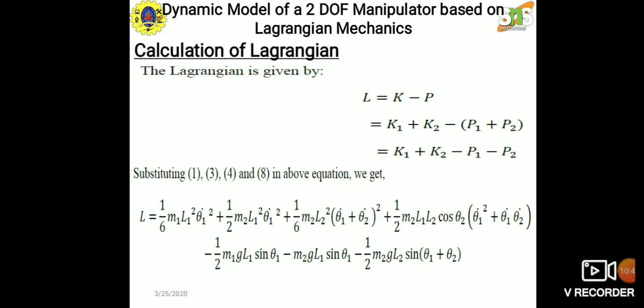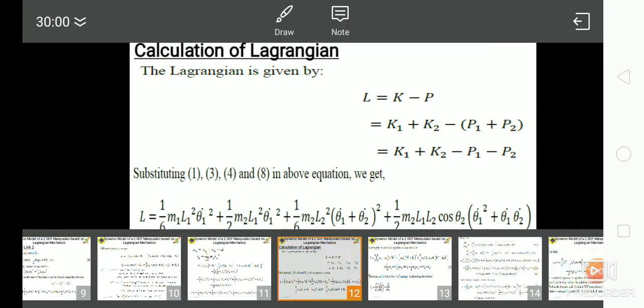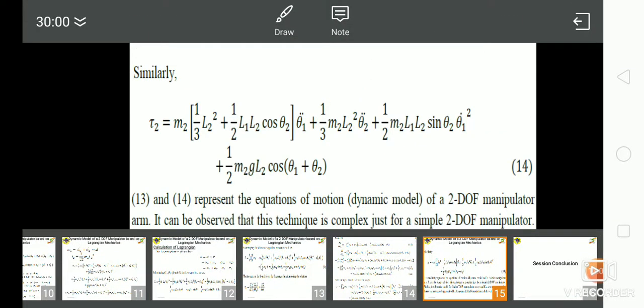It can be observed that this technique is complex just for a simple 2D manipulator. Finding the dynamic model for a higher DOF manipulator arm would be even more complex. Hence, a generalized approach called the Lagrange-Euler formulation is followed. The Lagrange-Euler formulation consists of 8 steps.